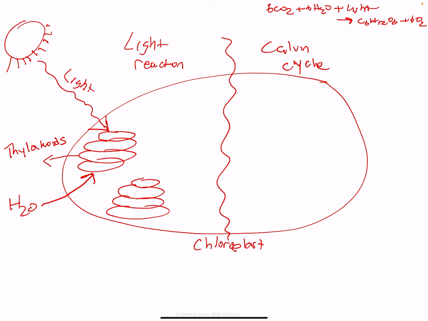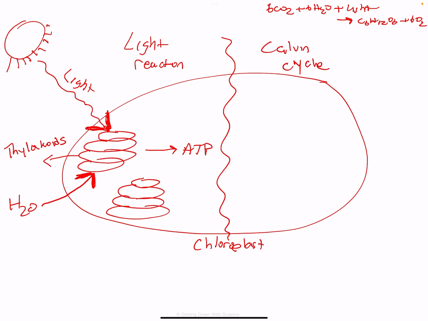And hopefully you said chemical energy. And hopefully you know that that chemical energy is ATP. So when we have light entering a thylakoid and H2O entering a thylakoid, in the light reaction, we are going to generate ATP.